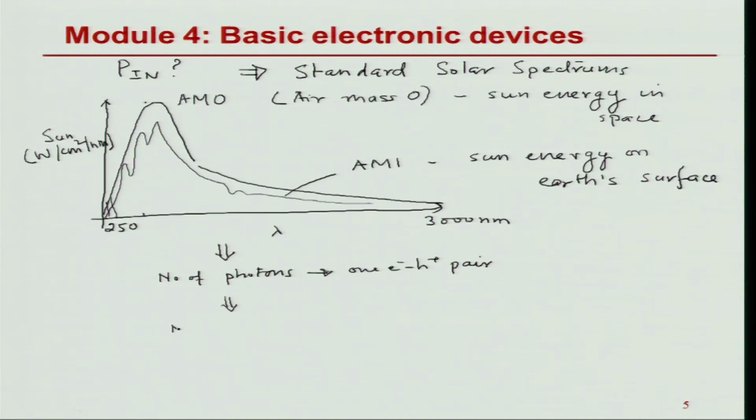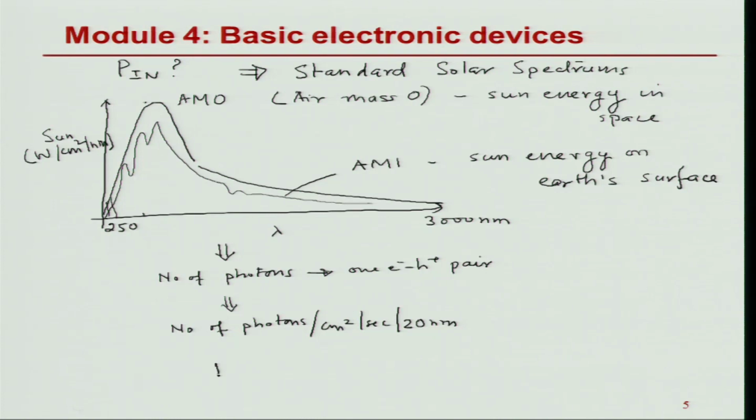So one can change that into number of photons coming per centimeter square per second within a wavelength region, and normally it is taken to be wider, something like 20 nanometer. So I know total number of photons arriving at the surface where I am doing the testing.